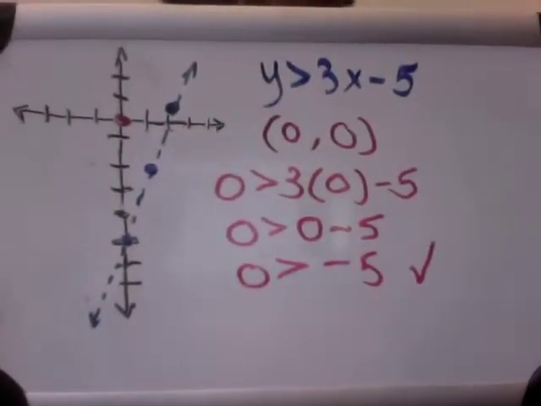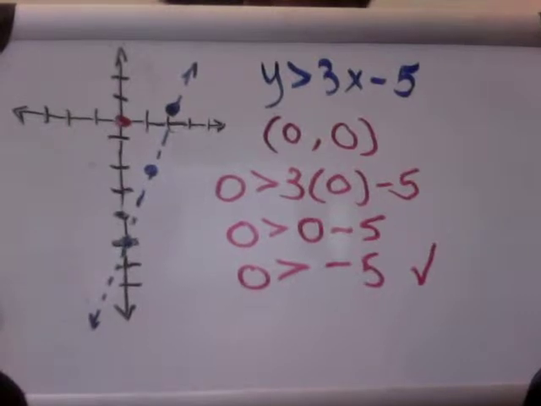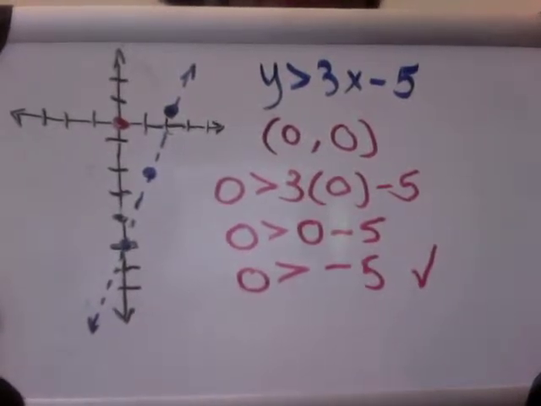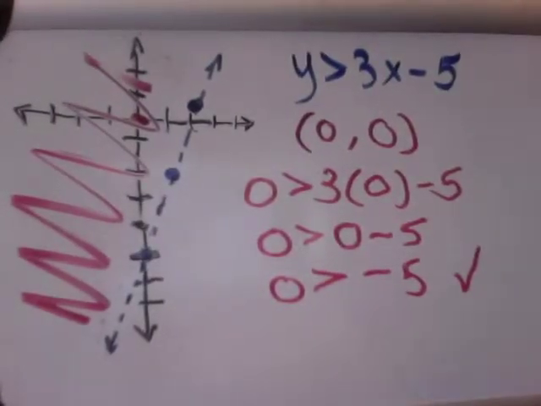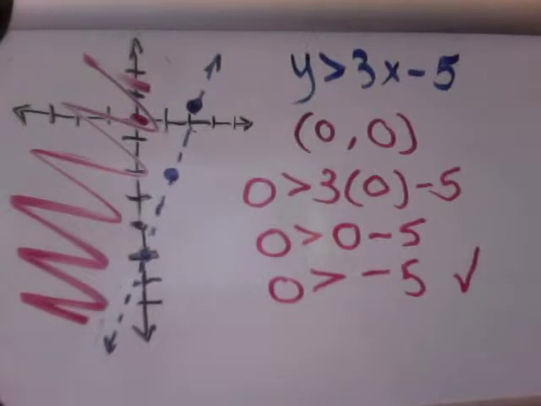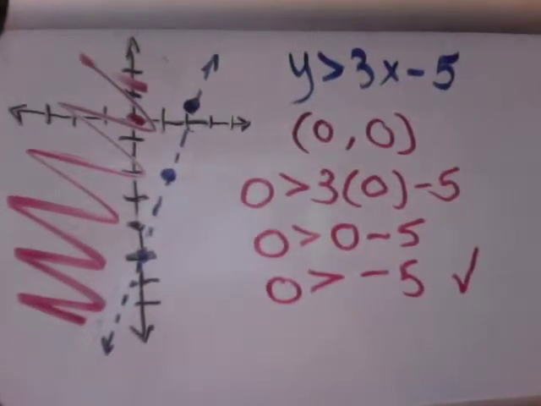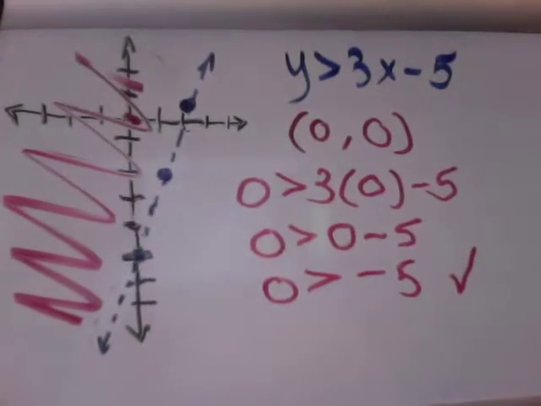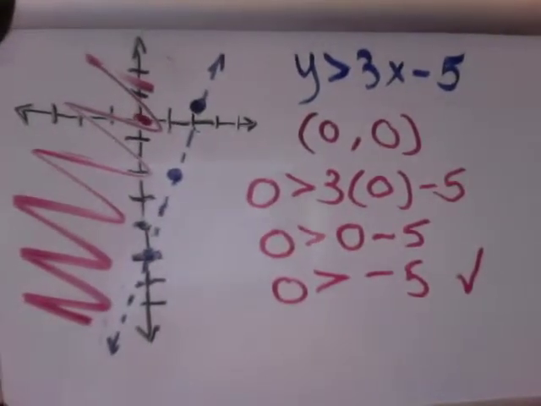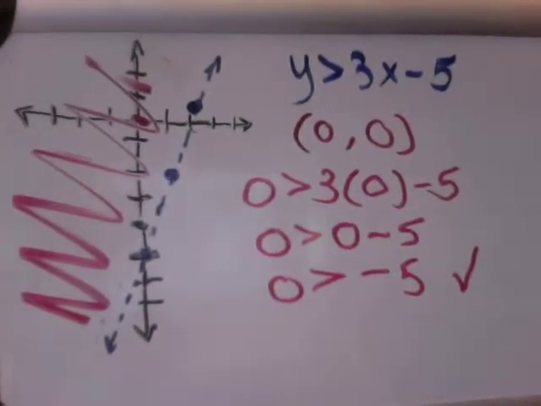The point we will test is 0, 0, because it is easy to use. We have now shaded the side of the line where the point 0, 0 is, in order to represent that all of the points on that side of the line are solutions to the inequality y is greater than 3x minus 5.